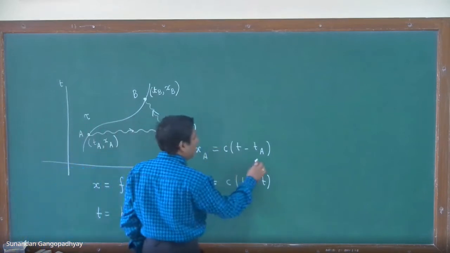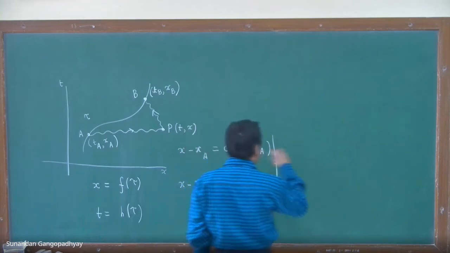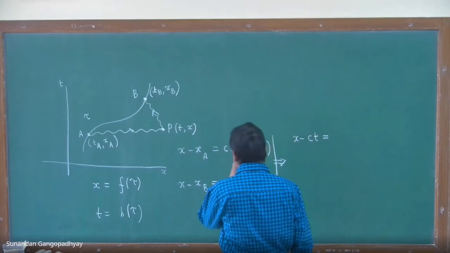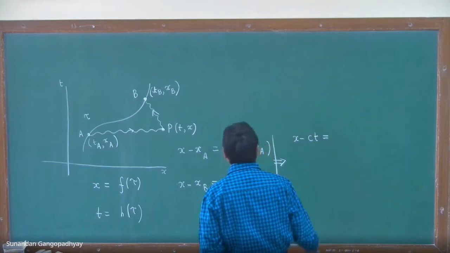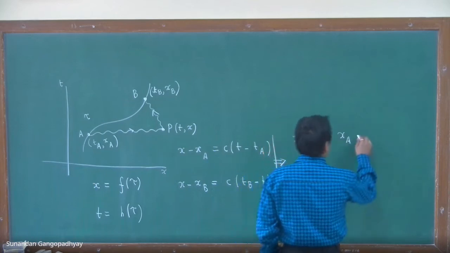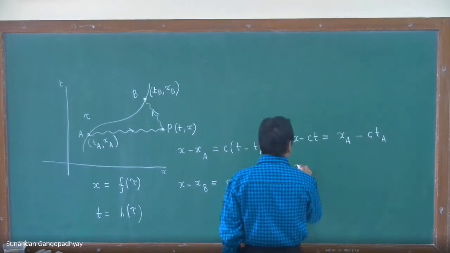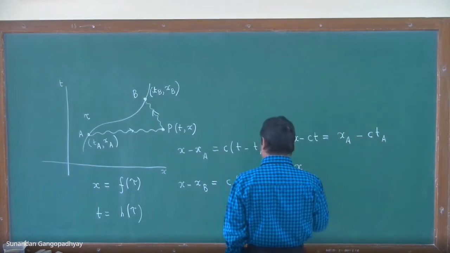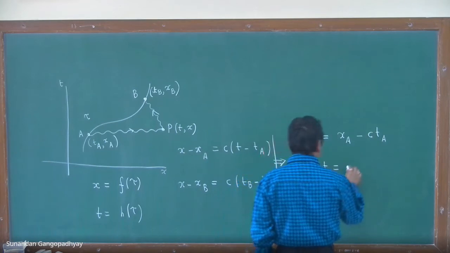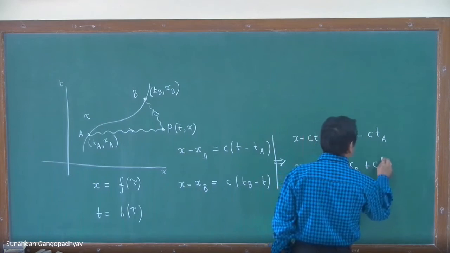From these equations, this immediately implies that x minus ct is equal to xa minus cta, and x plus ct is equal to xb plus ctb.